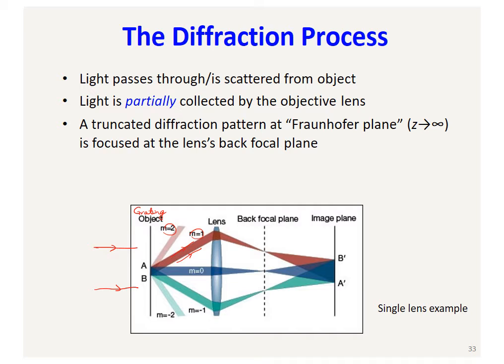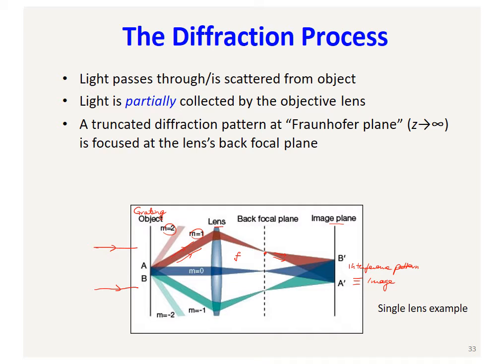And they are refracted by the lens and they converge to points a distance f away from the lens, and that's essentially the back focal plane. The light then continues. It all overlaps once you get to the image plane and forms a complicated interference pattern. And that is our image of the object.